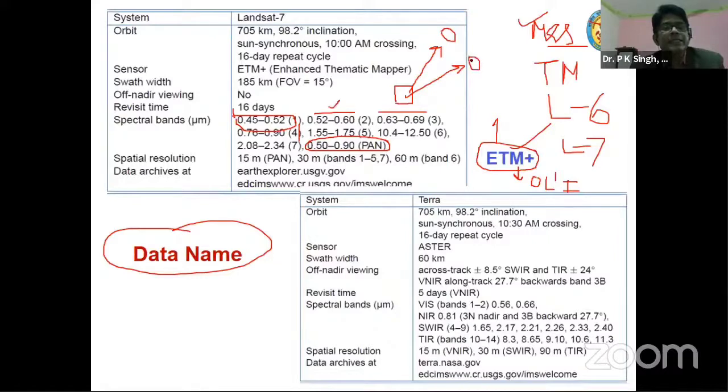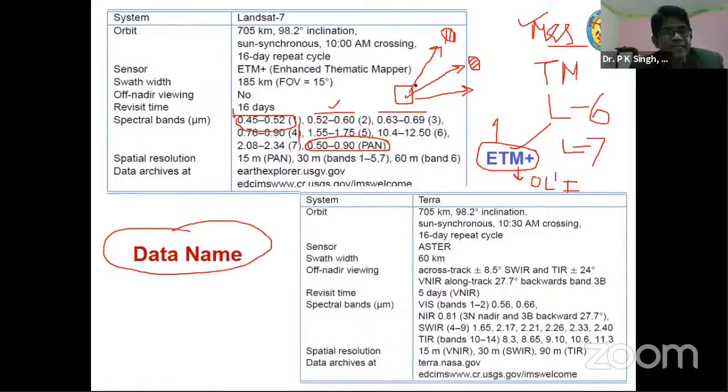For this sensor, other lights are not allowed to enter, only green for band 2. For band 3, only red is allowed. So at least a minimum amount of energy should be there to be detected by the sensor, and your pixel size is fixed.